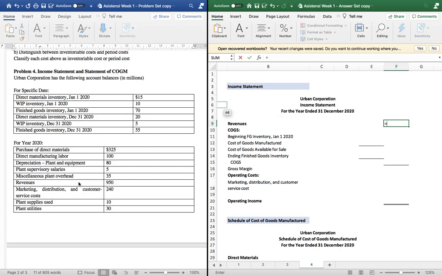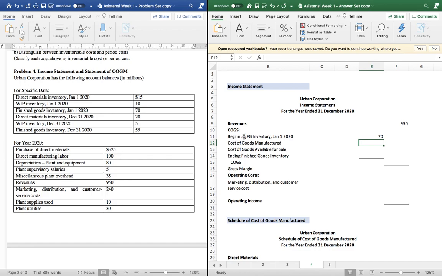From the case, it is stated the revenues for the year 2020 is 950. And moving on to the cost of goods sold, beginning finished goods, we have 70 million dollars.